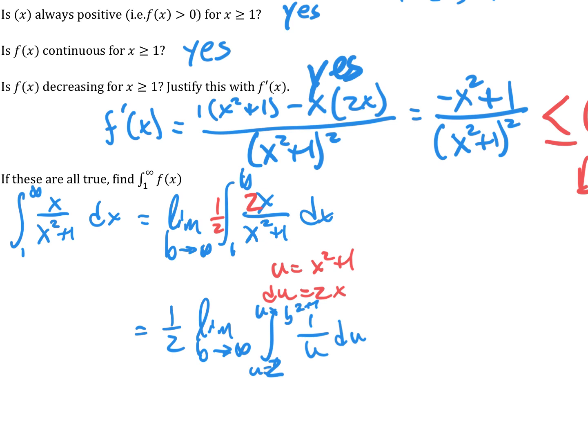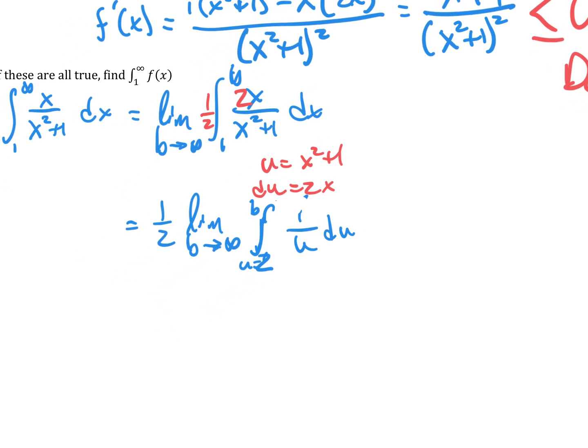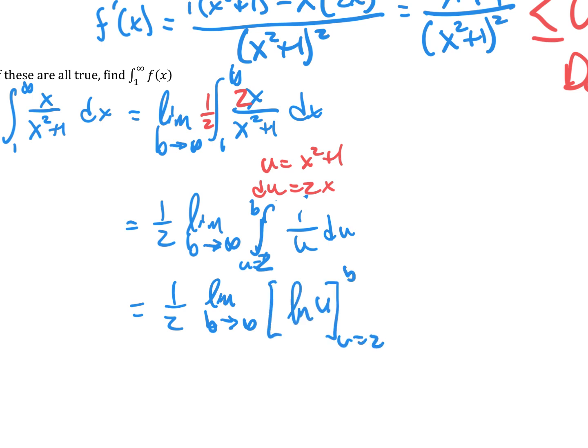Okay. But b squared plus 1 is still going to infinity as well, right? So the top we'll just leave as b, because it's going to infinity, sorry. All right, so if we integrate this, this is 1/2 limit as b goes to infinity of the natural log of u, and this is from u equals 2 to infinity, or 2 to b.